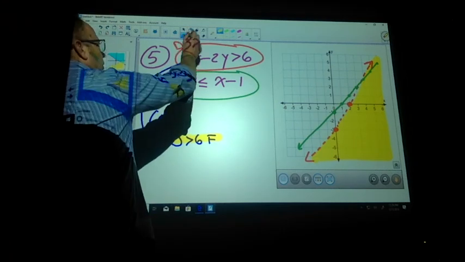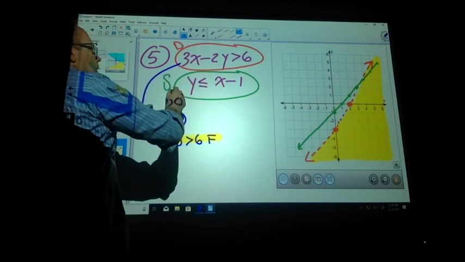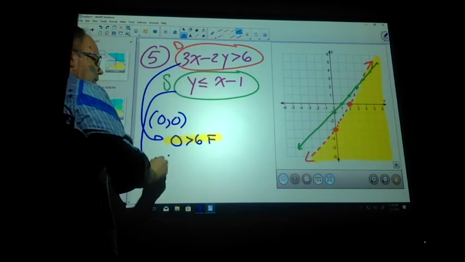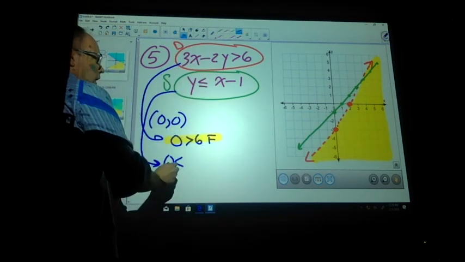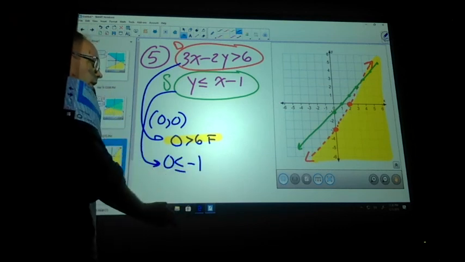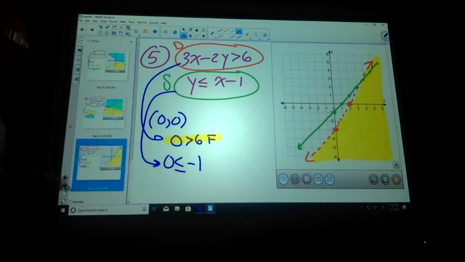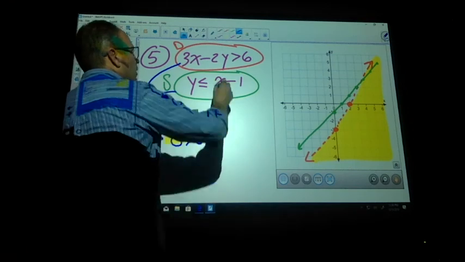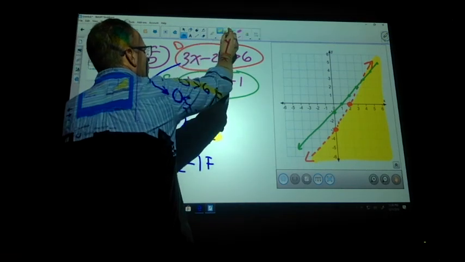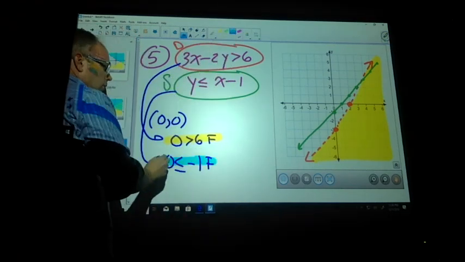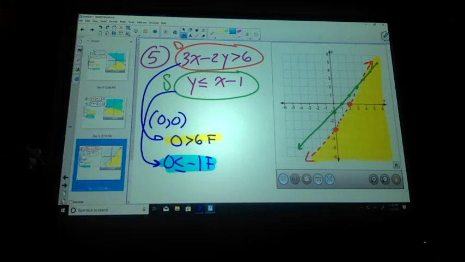Let's do the same thing with the green. I'll plug 0, 0 in. So I get 0 is less than or equal to 0 minus 1. 0 less than negative 1. That's also false. So where do we shade in reference to the green line? Below it.